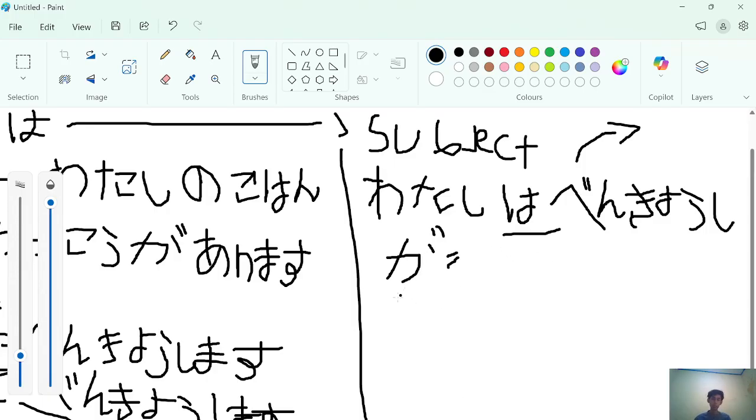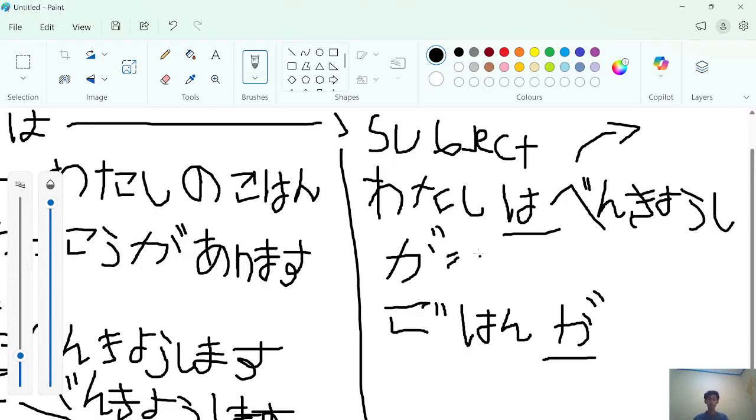For example, I will make a sentence, I like rice. So rice in Japanese is gohan. And we like gohan, right? And gohan, when we like something, we use ga.